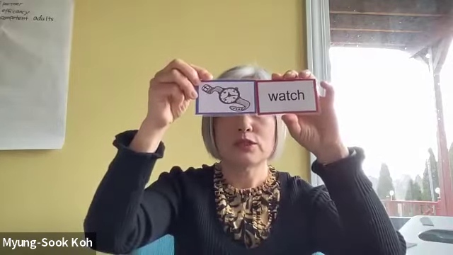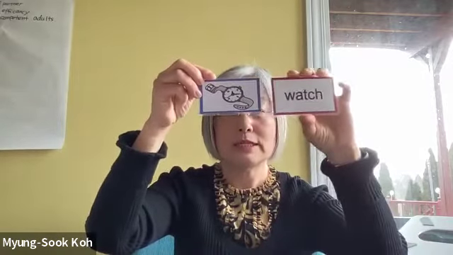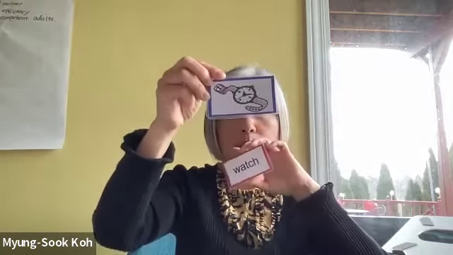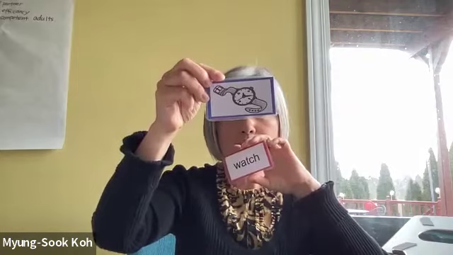Let's say, what's this? And he says, watch. Yes, it's a watch. These days, we barely wear watches, right? And later we're going to connect these two. This is the written language: this is a watch. Children already know this watch, right?